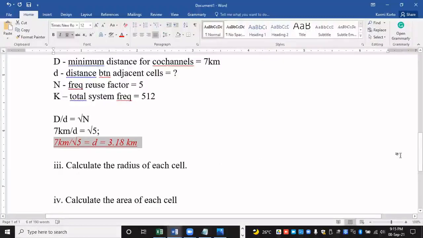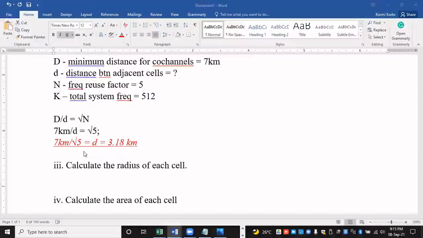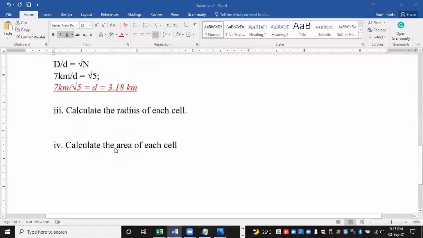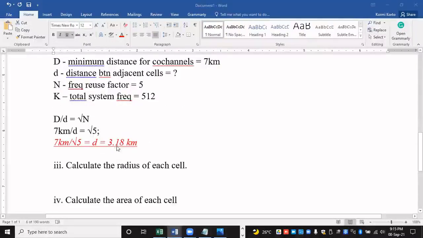Okay, folks, are we catching on? Yes, sir. So D happens to be 3.18 kilometers, your distance between adjacent cells.